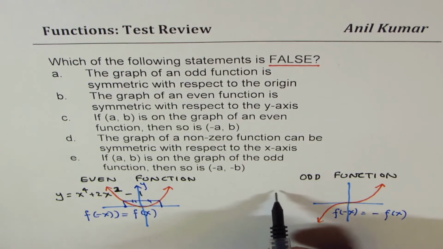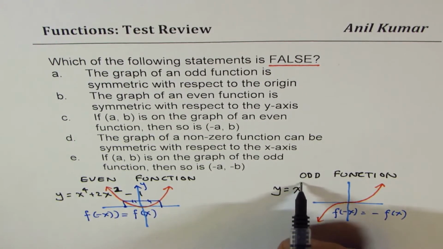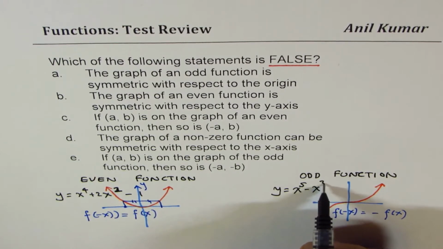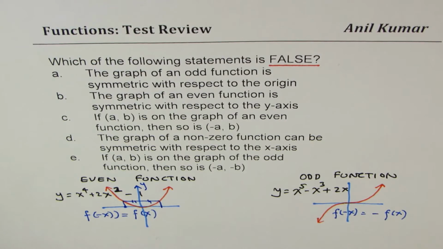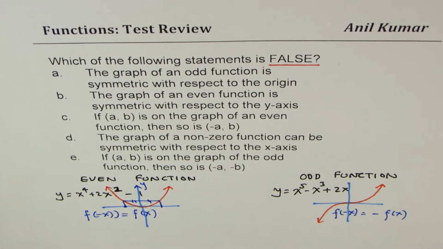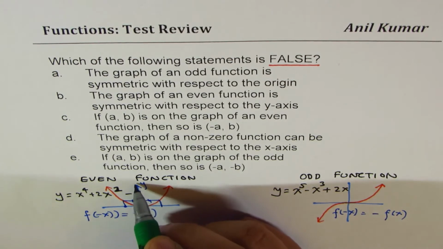An odd function example could be y equals x to the power of 5 minus x to the power of 3 plus 2x, all odd powers. That will be an odd function. If you substitute minus x, then you'll get minus of f of x. For the even function, if you substitute minus x for x, you will get the same function. Okay, so I hope that is clear, and now it should be easy for you to answer the question.